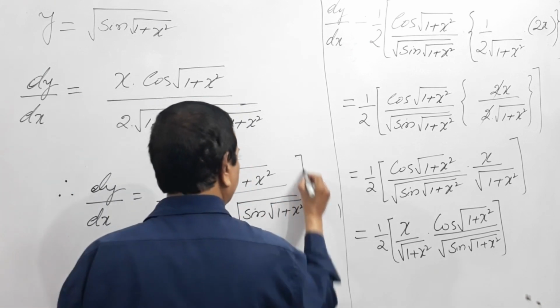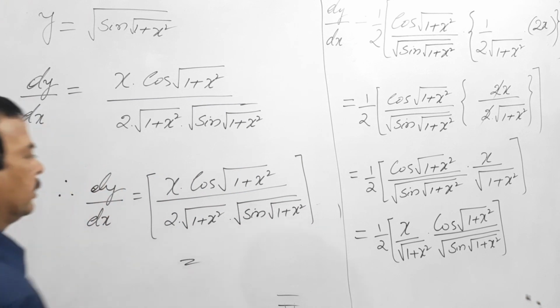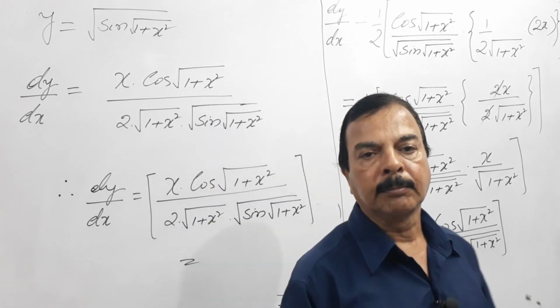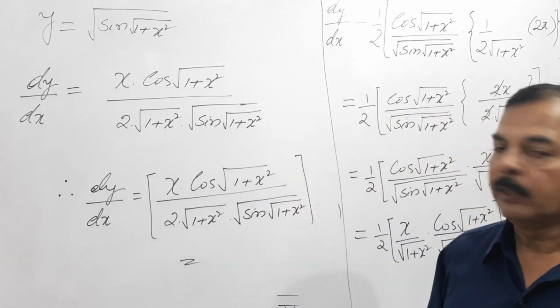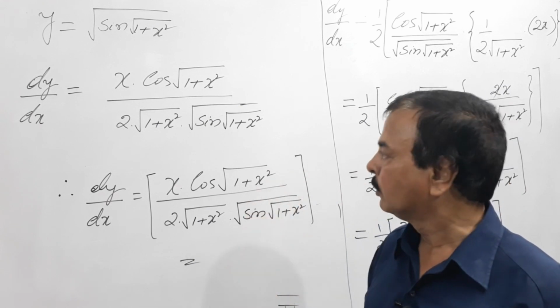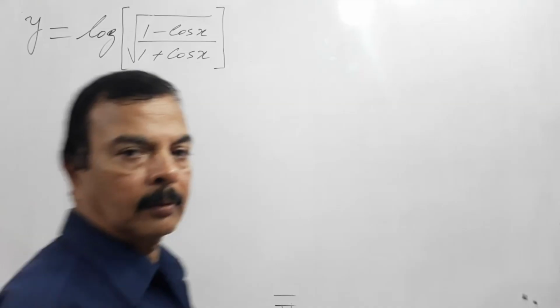So I will put this within the bracket. This is the required answer. So students, though the problem looks a bit complicated, it is not so. Only thing, you have to know the steps and how to solve this. So without wasting our time, we will go to our next problem.